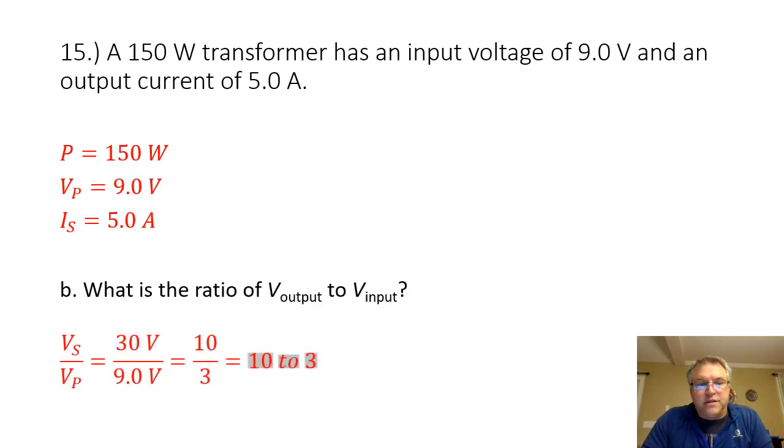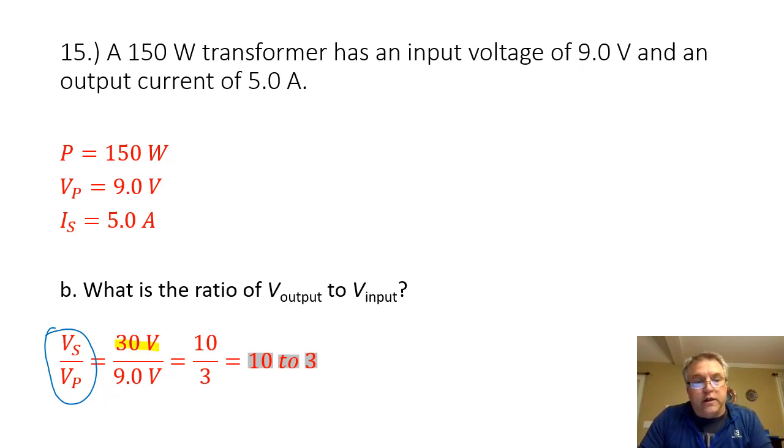Part B asks, what is the ratio of the output voltage to the input voltage? So I know that the ratio of the output voltage to the input voltage is just going to be this fraction here, right? The voltage on the secondary coil divided by the voltage on the primary coil. The voltage on the secondary coil is 30 volts.